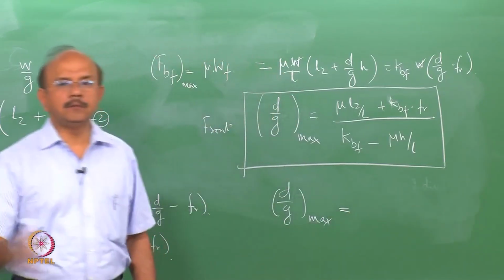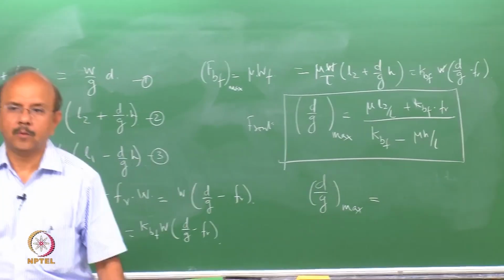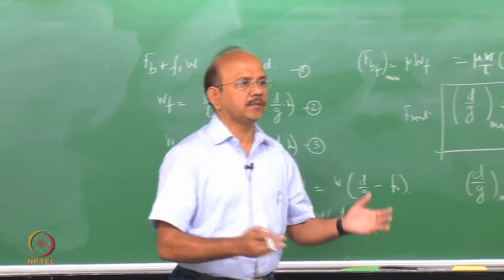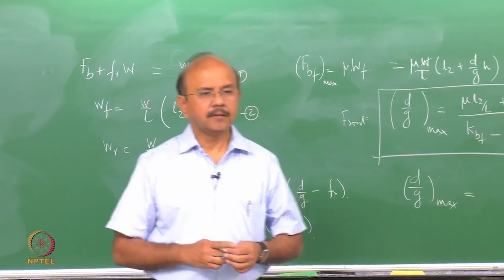Now derive what this should be when the rear wheel locks. What is the condition? Just substitute it and rearrange it.